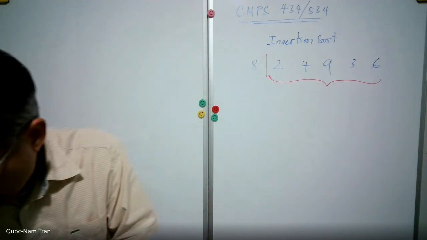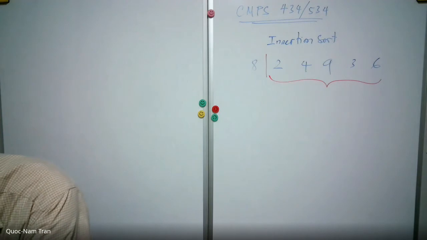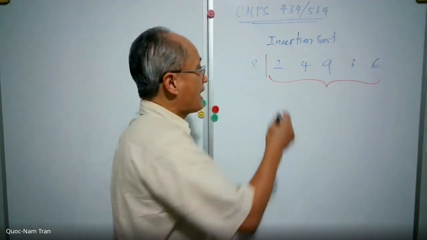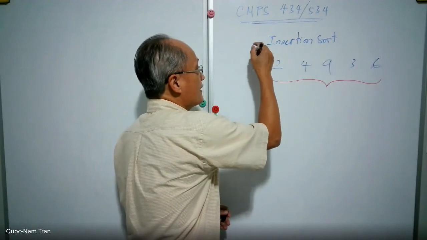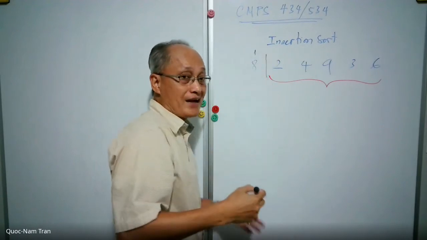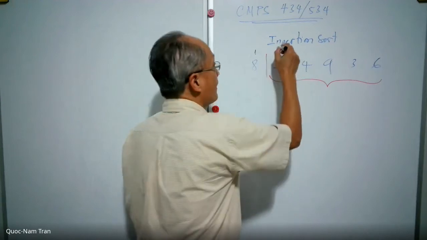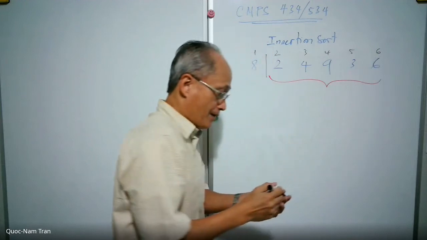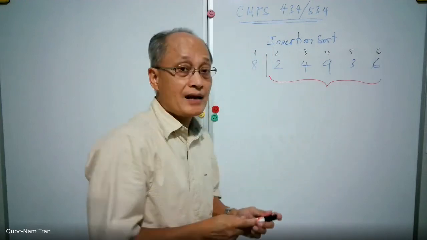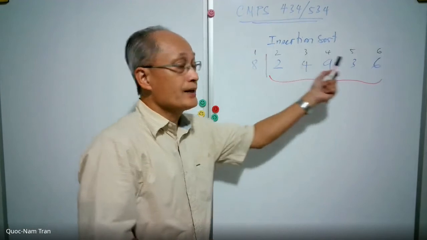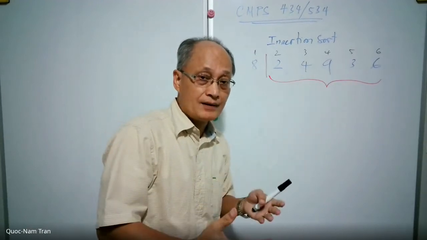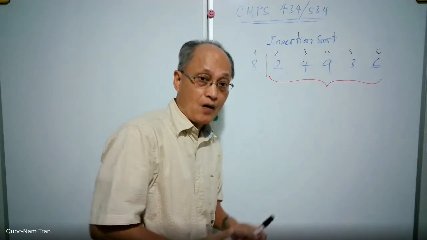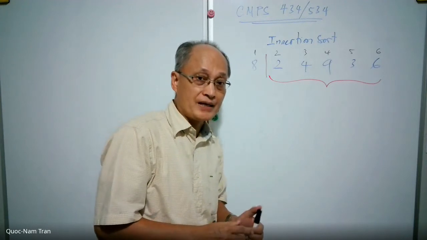The reason for that is, number one, many programming languages have the index start from 1, like Pascal, like Maple. And the second reason is that when we have the index from 1 to 6, it's easier for us to analyze the formula for the cost or for the performance of the algorithm.